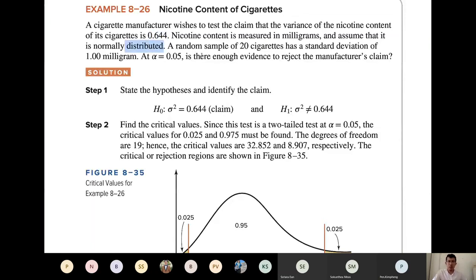A random sample of 20 cigarettes has been selected, and we measure that the standard deviation is 1 milligram. This is the sample standard deviation because this value is calculated from this sample. And we want the significance level to be 0.05. So the question is, is there enough evidence to reject the manufacturer's claim?